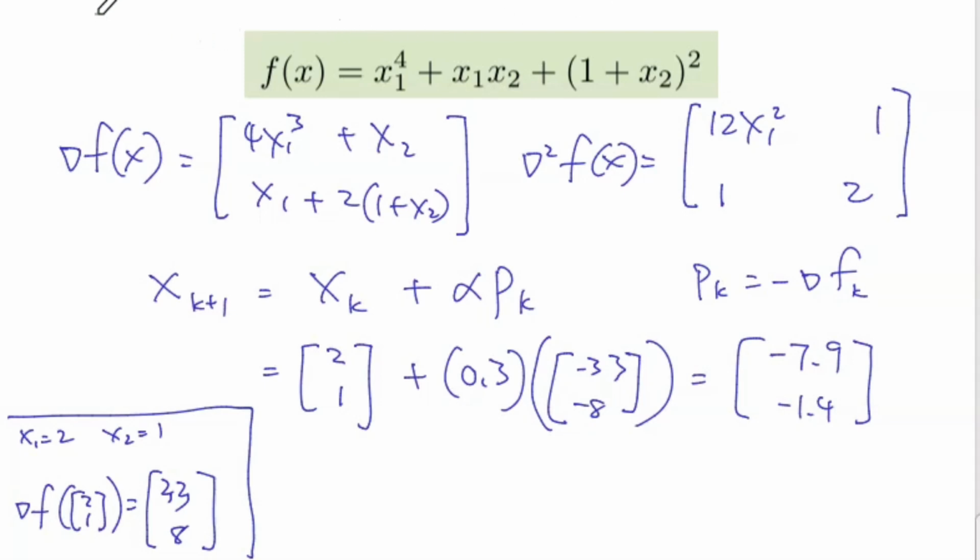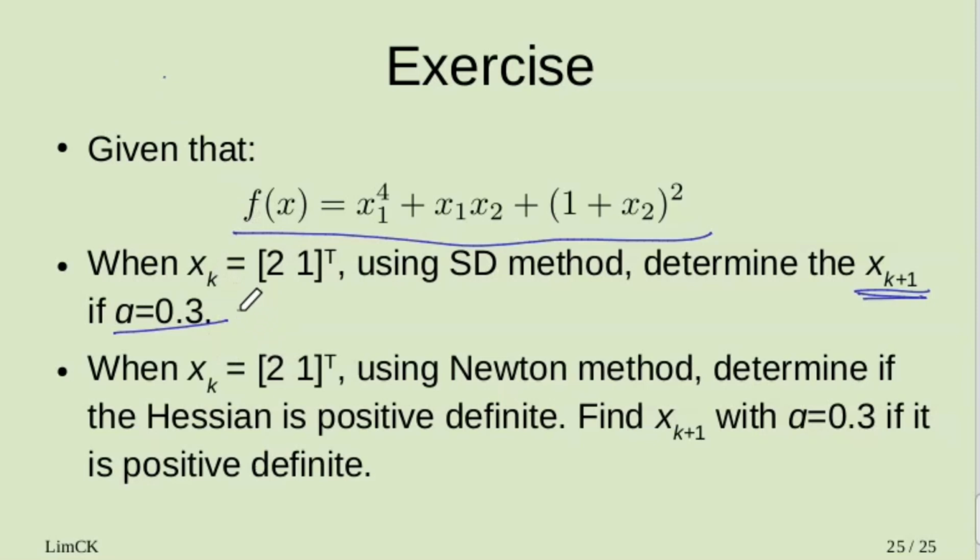Okay, let's go back. We have done this one. For part 2, when sk is this point, using the Newton method, determine if the Hessian is positive definite. Find the next point sk plus 1 with alpha equal to 0.3 if it is positive definite.